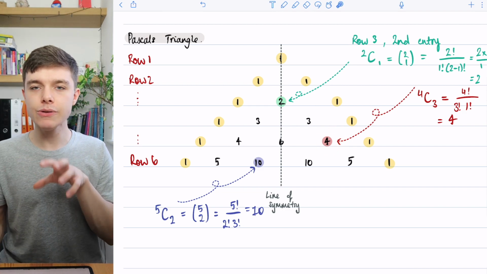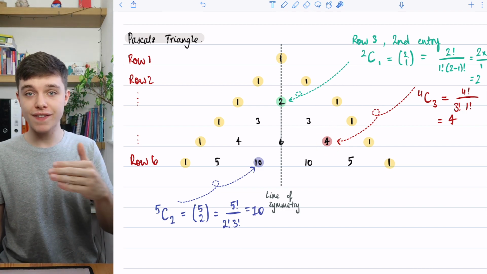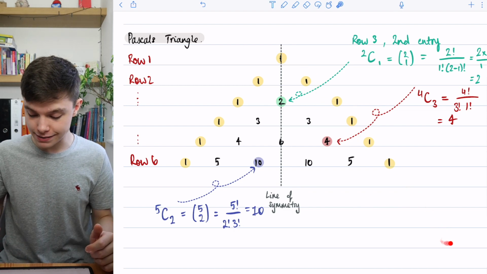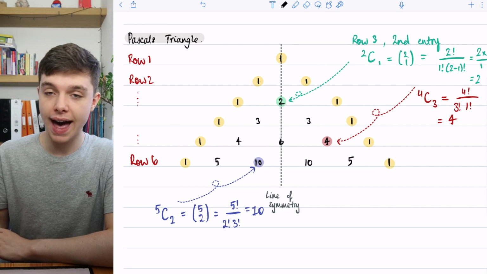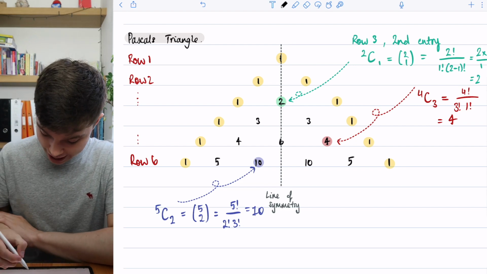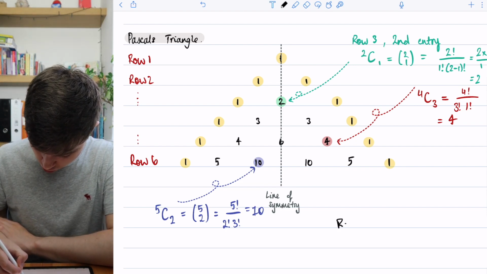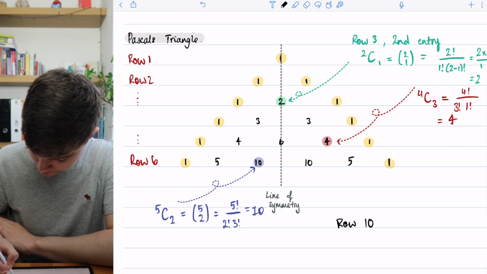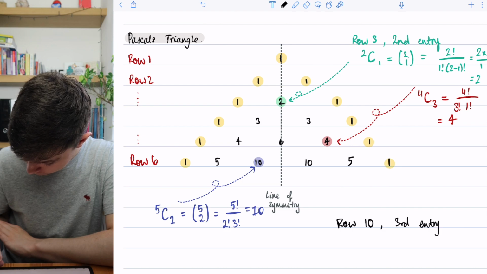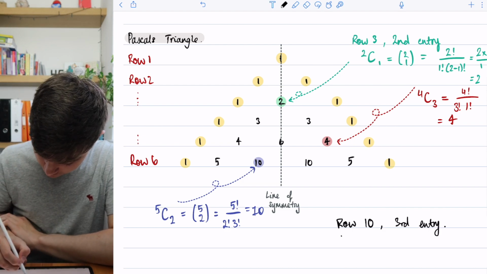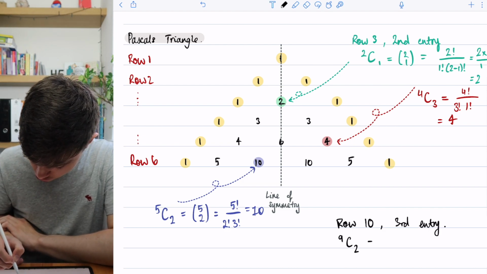Okay, but what this allows us to do is work out lots of entries all the way down Pascal's triangle, in, say, row 20, for example. If we wanted to work out, let's say, the entry in row 10, 3rd entry, then all we'd have to do is 9 choose 2.